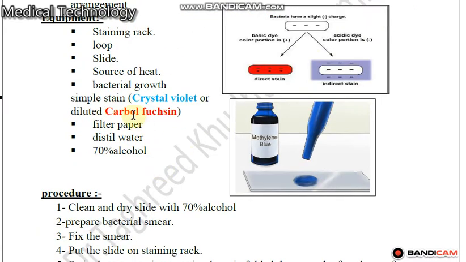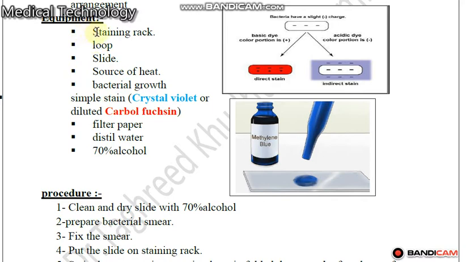Now, what are the equipment that must be present to stain the bacteria with simple stain? What are the equipment or materials which must be present in your lab to stain the bacteria by using simple stain?